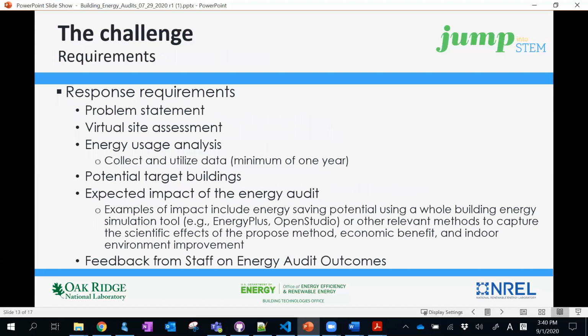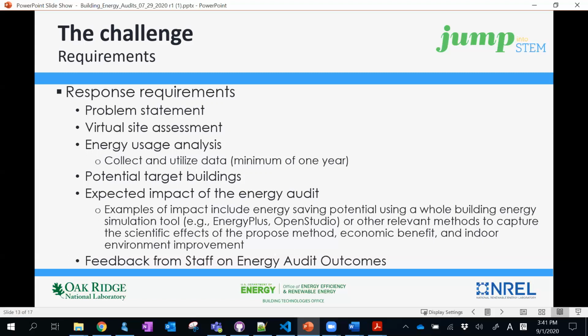The next slide shows the response requirements. A problem statement, virtual site assessment, energy use analysis including a minimum of 1 year of data, potential target buildings, and expected impact of the energy audit are required.